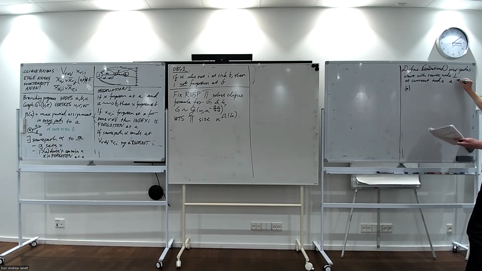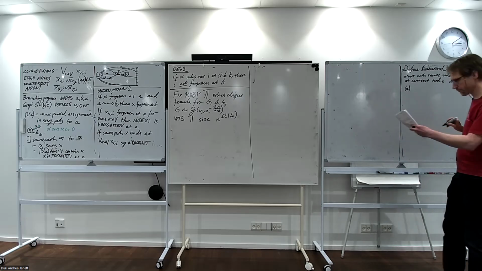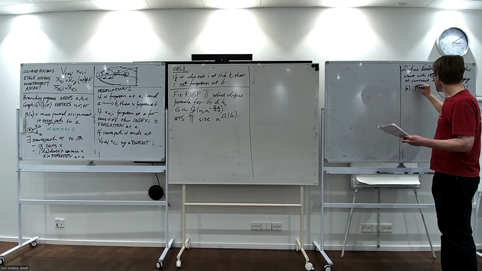At current node A, A is querying x_{v,i}. So I have to pick a random value for x_{v,i}: am I going to take the 0 edge or the 1 edge? That's all I need to do, and then I'll end up at a new node and do the same thing again.